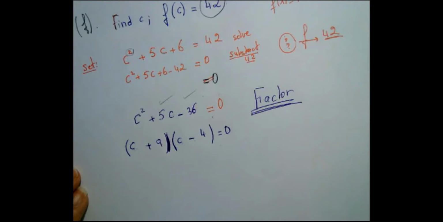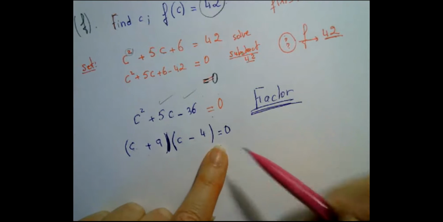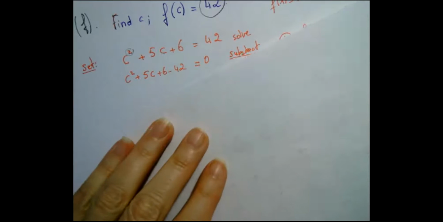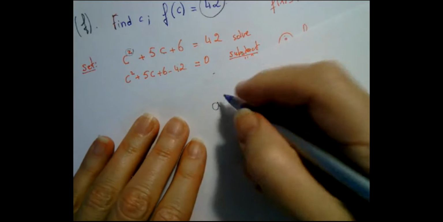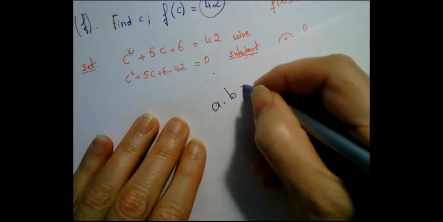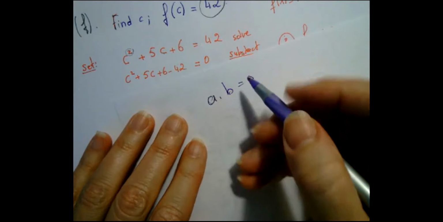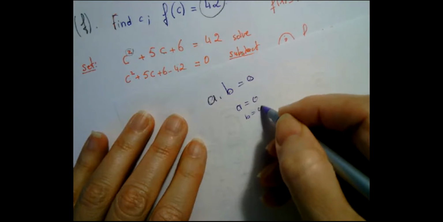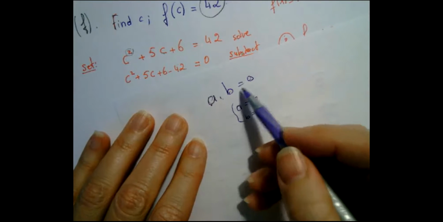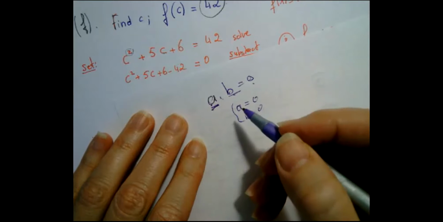Now, what's the advantage of factoring and setting it equal to 0? The advantage is the following. If you have two numbers, A and B, and when you multiply them you get 0, if the product is 0, it means that one of them is 0. So if A times B is 0, either this has to be 0 or this has to be 0.